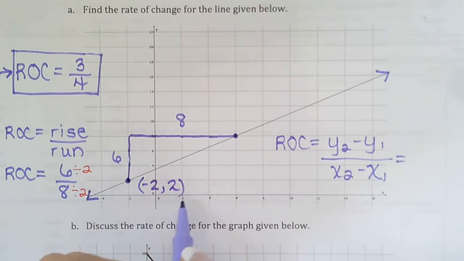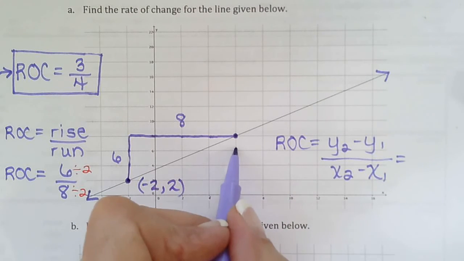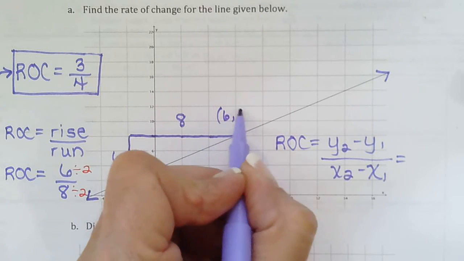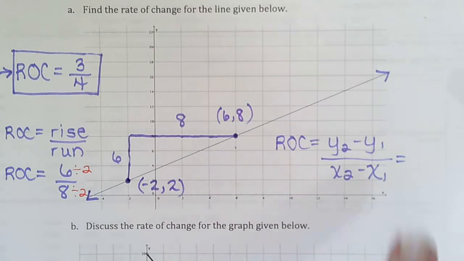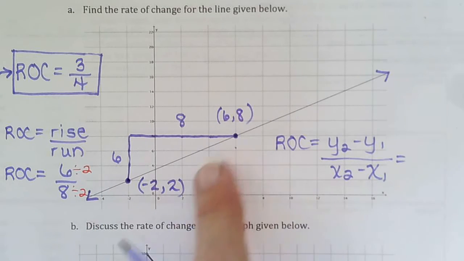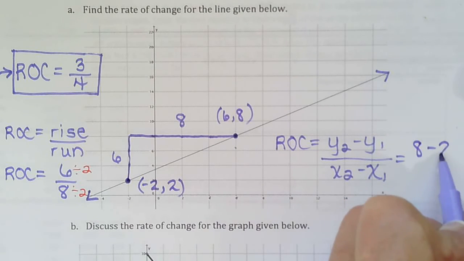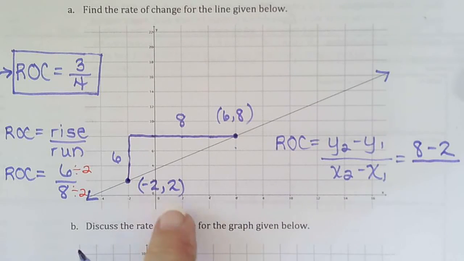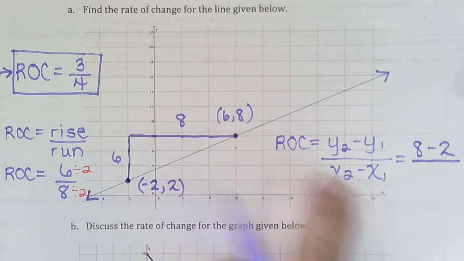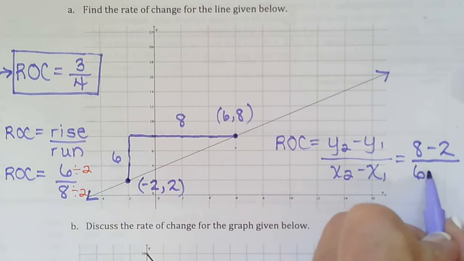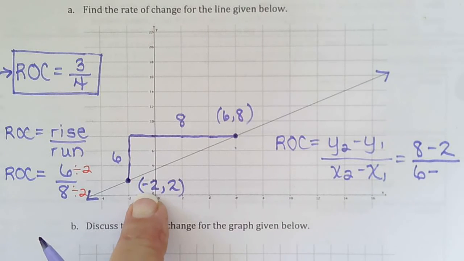On this point, x is 6 and y is 8. So the second y minus the first y, 8 minus 2, over the second x, 6, minus the first x, negative 2.